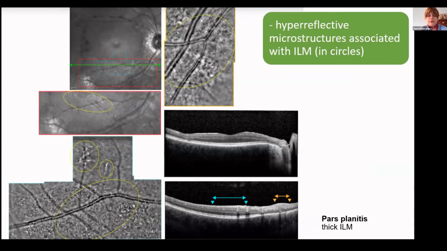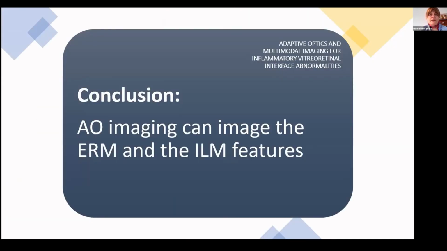You see it as well on OCT in two locations shown by blue and orange areas, and on adaptive optics, bottom left, you see the hyperreflective structure that corresponds to the thick ILM, and they are shown in the yellow circles. In conclusion, adaptive optics imaging can image the epiretinal membrane and the internal limiting membrane features in eyes with inflammation. Thank you.